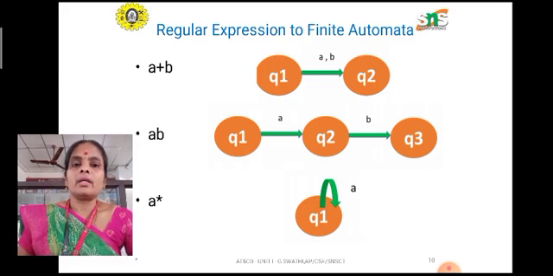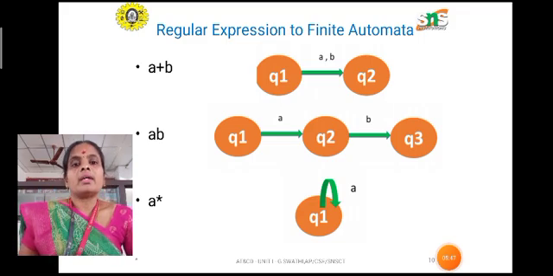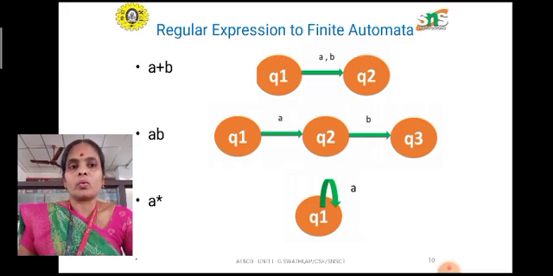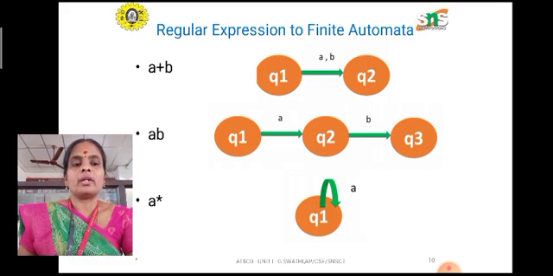And to depict A star, the A should be taken repeatedly with 0 or more occurrences. So a self loop is taken on Q1, where A can occur or, without occurrence, it can lead on. That is called the closure of A. So these are some examples of how the regular expression can be converted to finite automata with these properties.